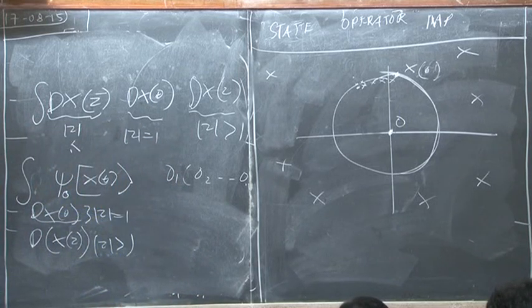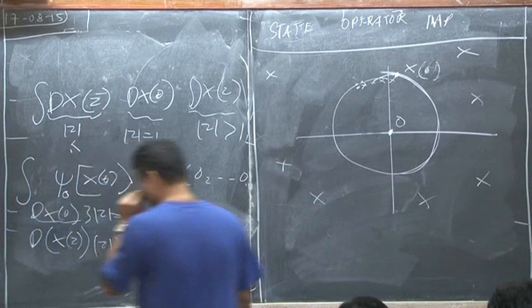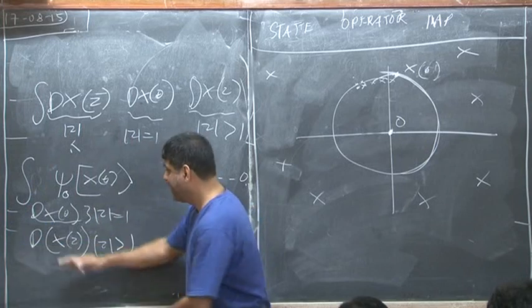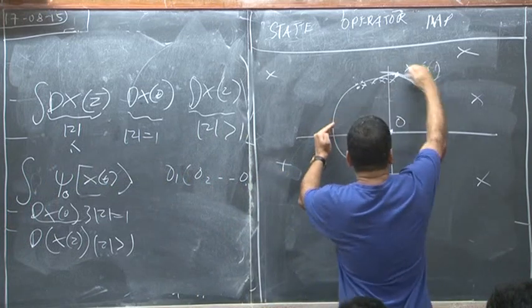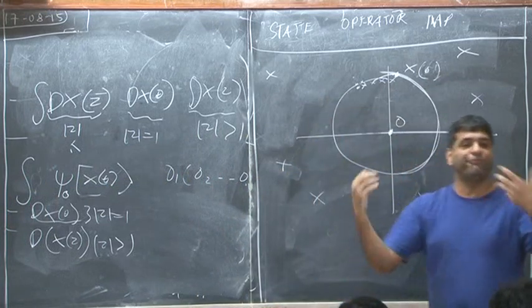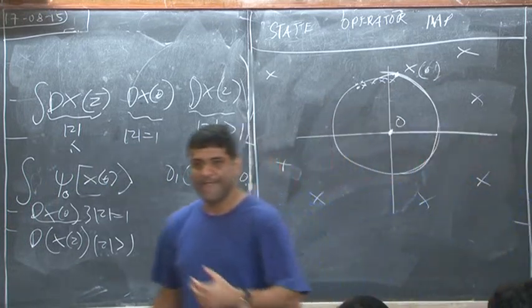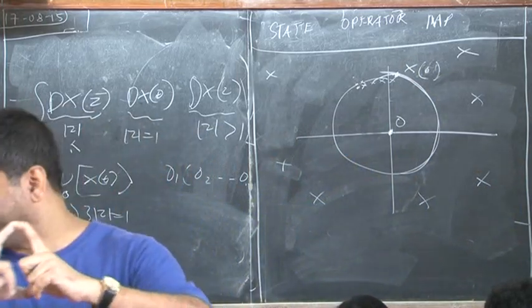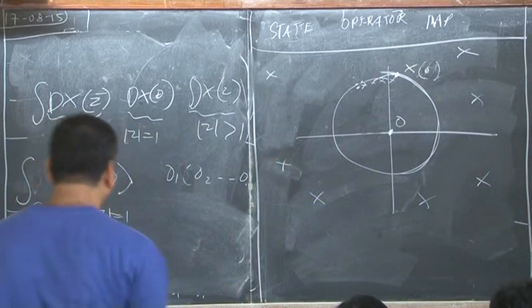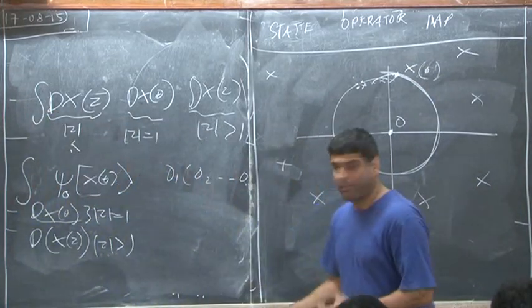Now, look. What do we have here? This psi of x of theta is some functional of the fields at a given radius. If we went back to the W plane, what would this be?